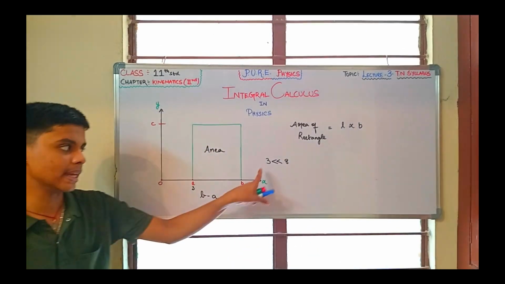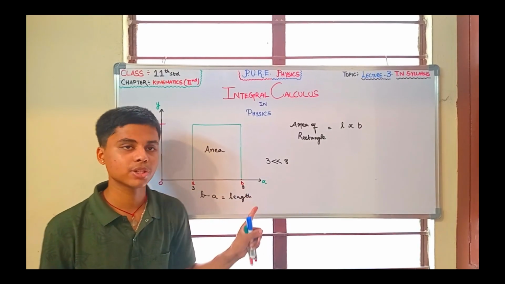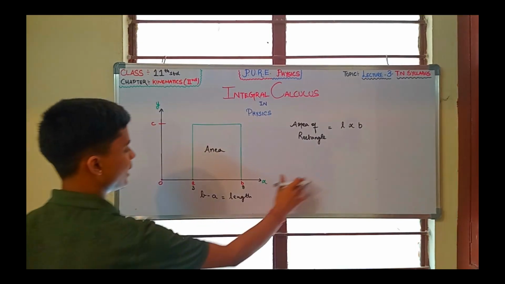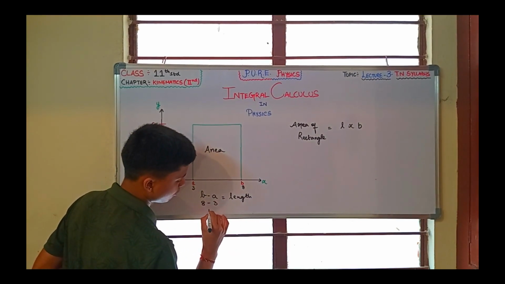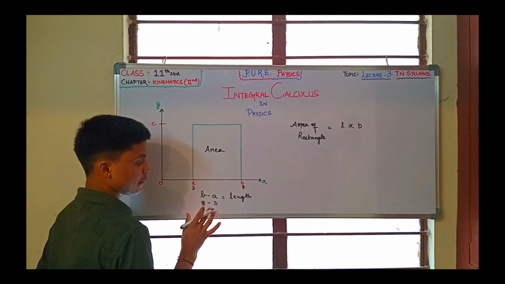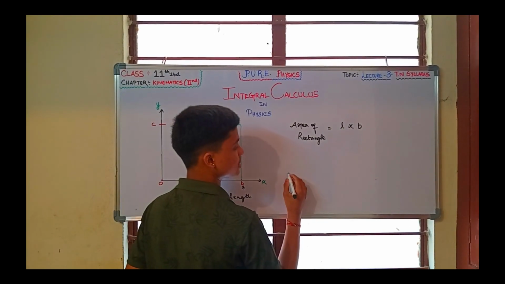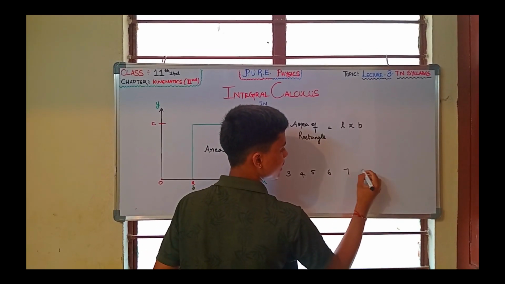If I subtract 3 minus 8, I will get a negative value, and in dimensions I should not get a negative value. So if I do 8 minus 3, it will become 5. Therefore 5 will be my length, because take it in the number line itself: 3, 4, 5, 6, 7, 8.